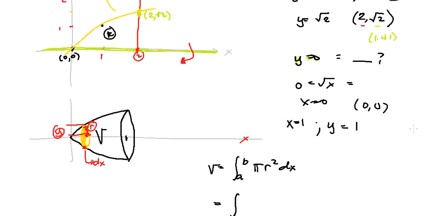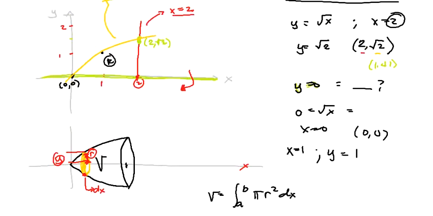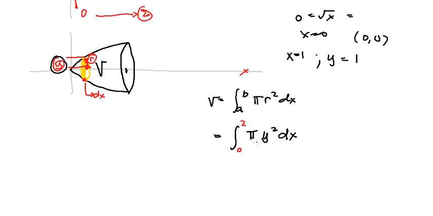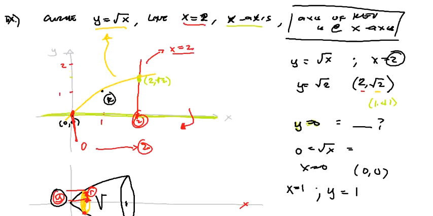So our limits are from this point, which is 0, to this point, which is 2. So from 0 to 2. Then we have our pi, and our r is equal to the length y, so we have y squared dx. But what is our y?